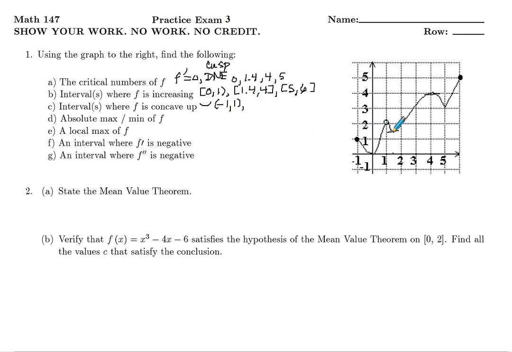And then it also looks like this guy is concave up here, so it's curved up here. It looks like it might start to curve down a little bit there, close to 1. And again, I'll leave a little bit of leeway here. But maybe from 1.2 up to, at least up to 2.